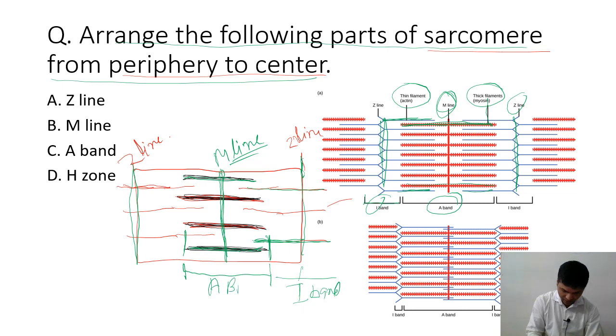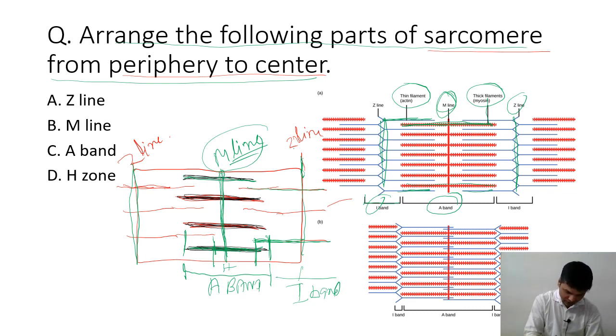Only myosin is in this part, and that is called the H band, and this is the M line in the center. So you can arrange like that.